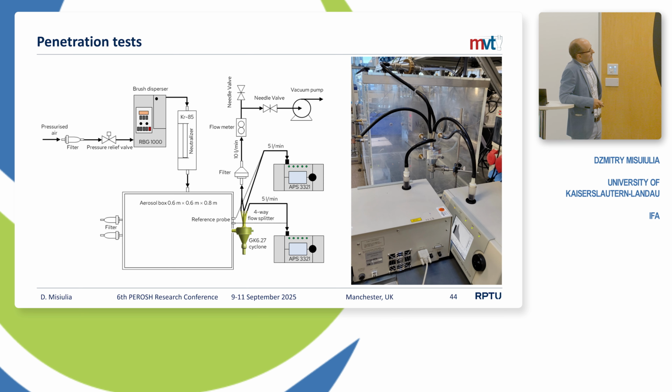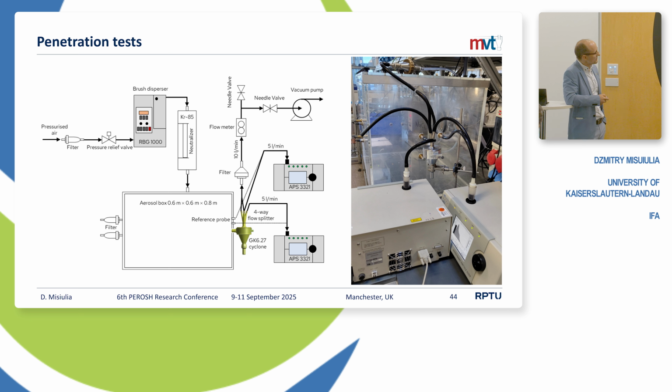The GK sampler with the four-way splitter was tested at the Institute using two aerodynamic particle sizers, one from our institute, another from the IFA Institute, using the full experimental setup. The different test dusts were dispersed with a PEROSH disperser, RBG 1000, and were generated into the aerosol box, to which the sampler was connected.